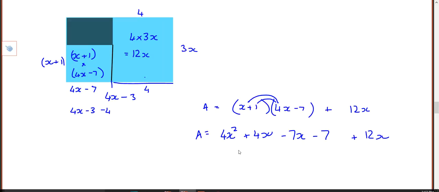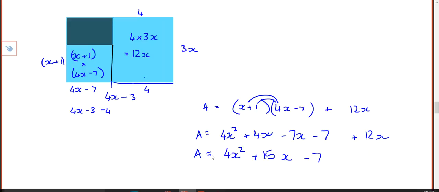So that gives me 4x squared minus 3x plus 12x is, so that's 16x. No, I'm confusing myself. 3x and 15x, yeah. 4x squared plus 15x and then minus 7. So that's the area, yeah?